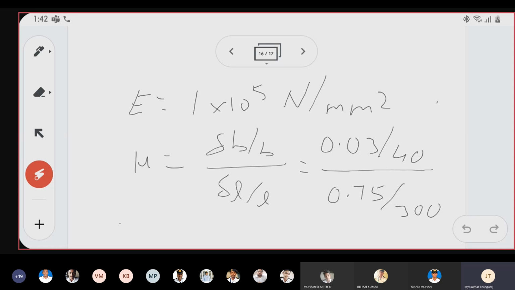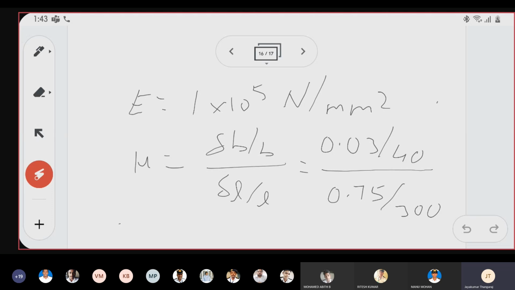Next, find Poisson's ratio. Poisson's ratio is the lateral strain divided by the linear strain. Lateral strain is change in breadth by original breadth, divided by change in length by original length. So del B is 0.03 divided by breadth 40, divided by del L 0.75 divided by L equal to 300.